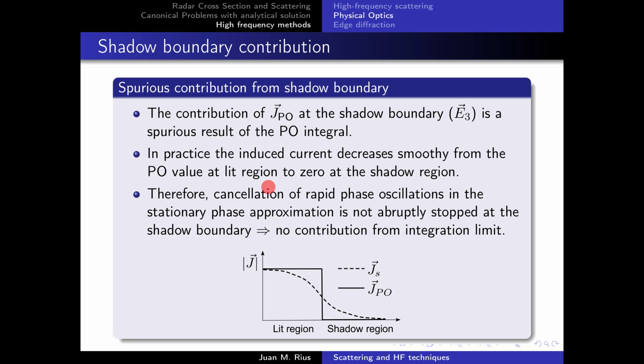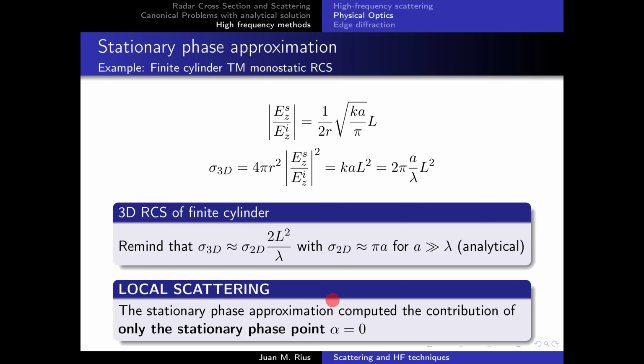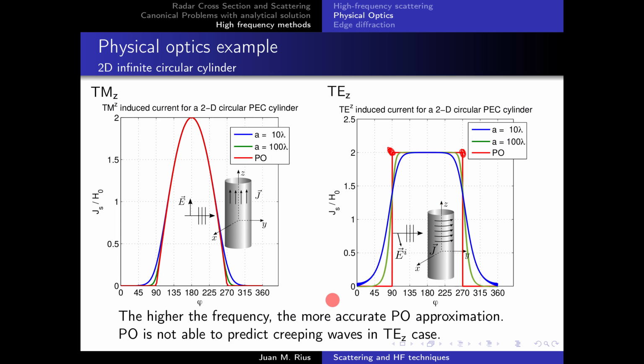As I told you before, the induced current decreases smoothly from the physical optics value at the lit region to 0 in the shadow region. This is what I showed you before using the exact results for the cylinder current in the TE case.